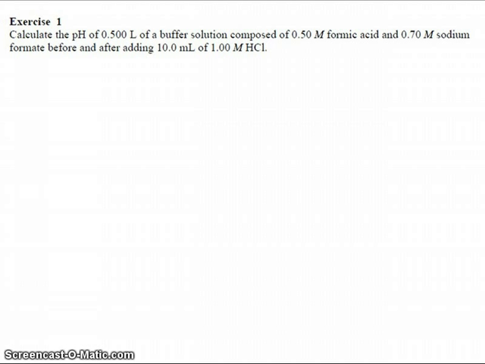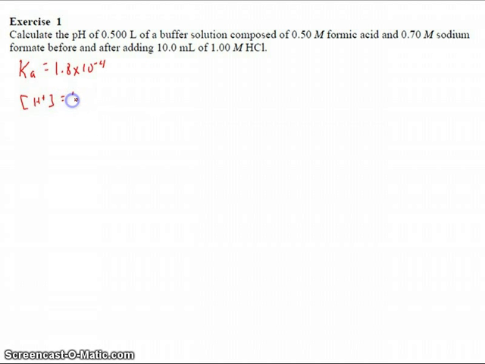And so some things I need to know about the system. First is that the Ka of formic acid is 1.8 times 10 to the minus 4. That wasn't given in the problem, but I looked that up in a data table so that I would be able to use it. And now we'll apply the equation that was given to us in the beginning. First, we're going to find the hydrogen ion concentration, and this is before any acid is added.